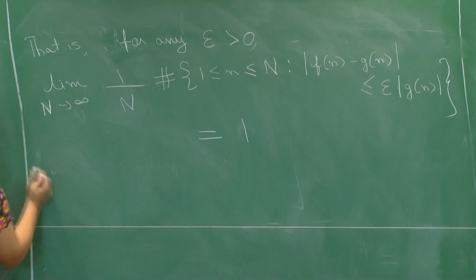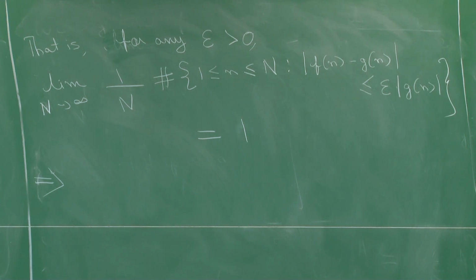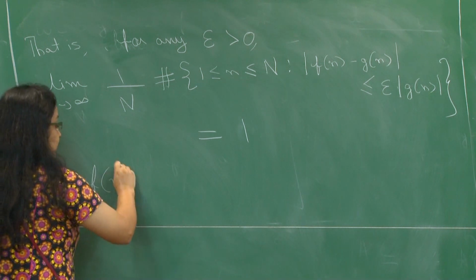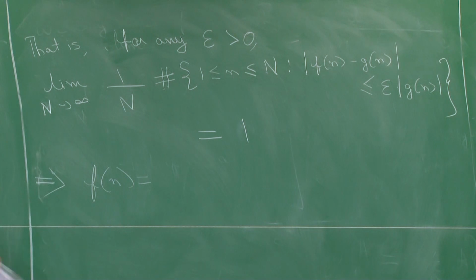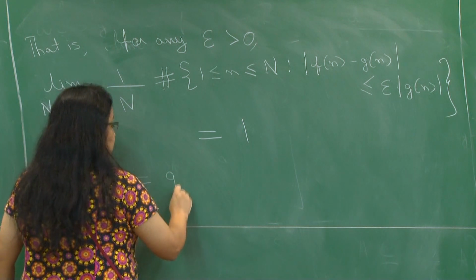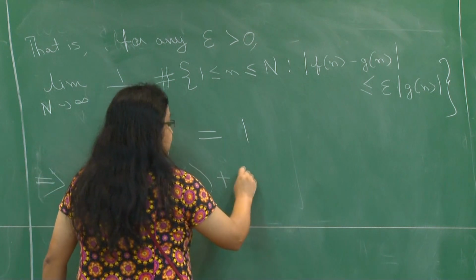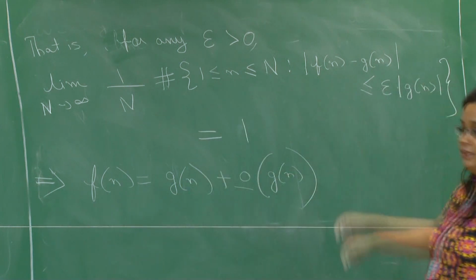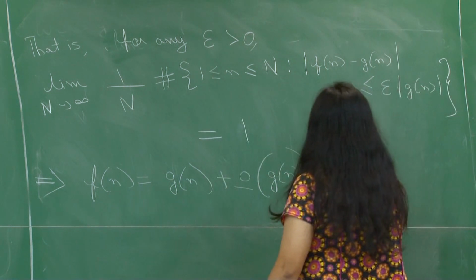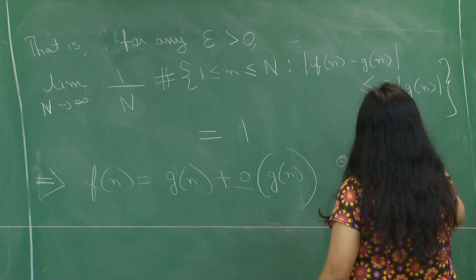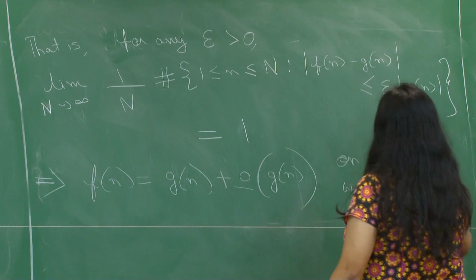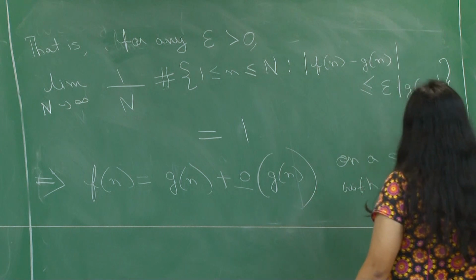In other words, the above definition implies another way of writing it using the language of orders that we have learned: f of n is equal to g of n plus little o of g of n almost everywhere, on a set with natural density, which I will just write as density now, 1.